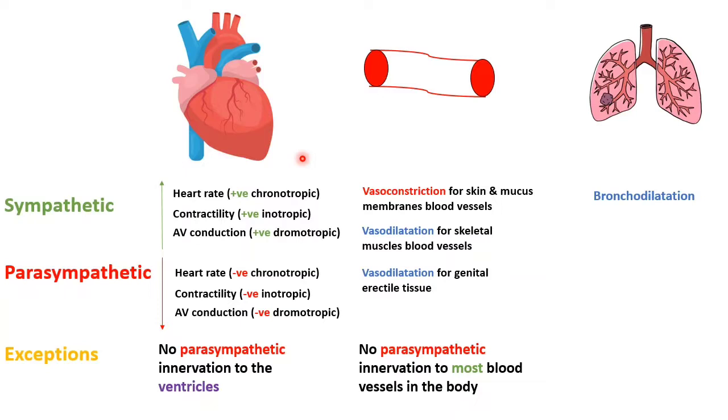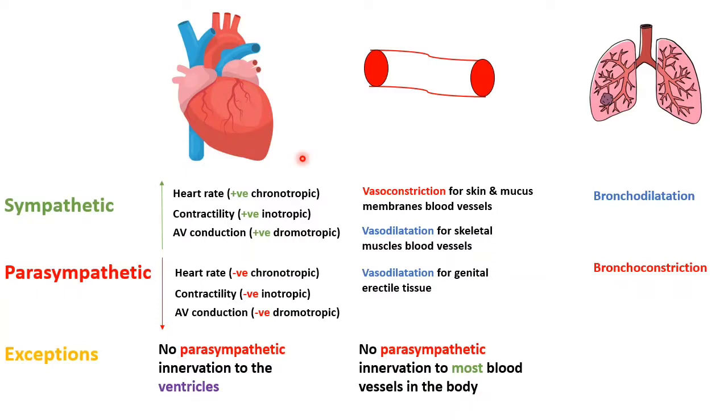There is bronchodilation to get more oxygen. Okay, so sympathetic dilates the bronchi, so there is bronchodilation with sympathetic activity, while there is bronchoconstriction in parasympathetic nervous system when it takes the upper hand.